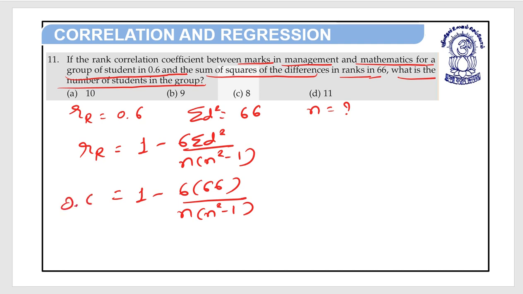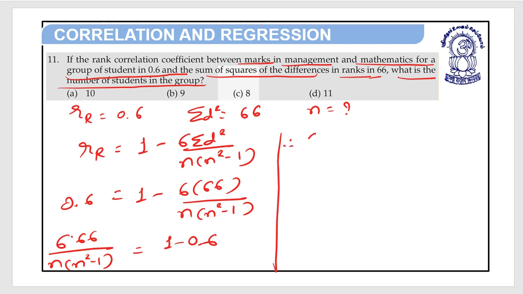RR is 0.6, so taking this to the left side, 6 into 66 upon n into n square minus 1 is equal to 1 minus 0.6, which is 0.4.